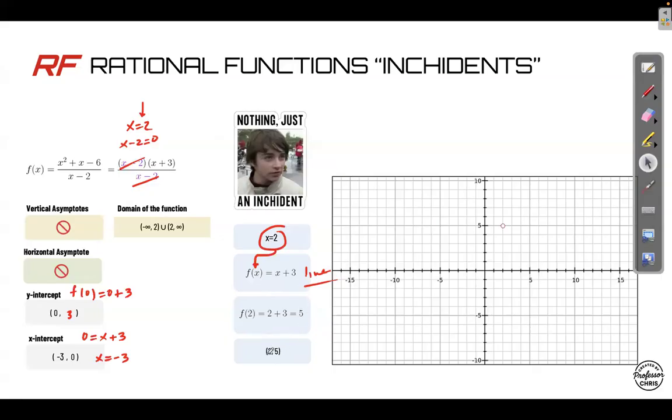So the coordinate is at 2, 5, and you have your other two points, 0, 3 and minus 3, 0, and that would produce a line. And since there is a hole up here, that hole will be a discontinuity on your domain.